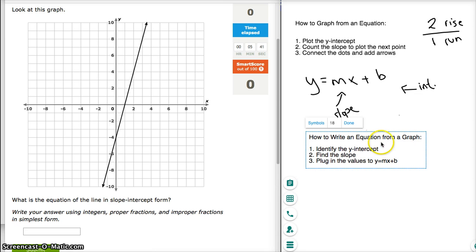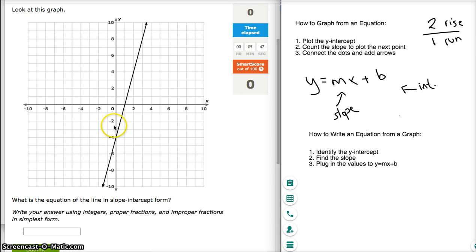So let's go ahead and do this first one together. It looks like we have an intercept here at -4. So anytime I'm doing this, I write out my equation, y equals mx plus b.